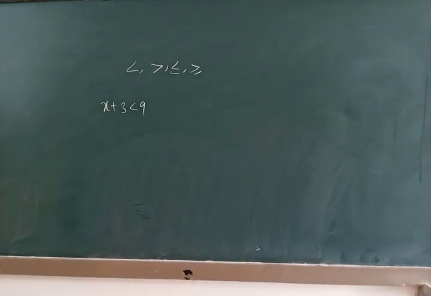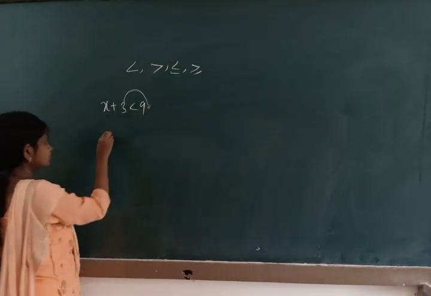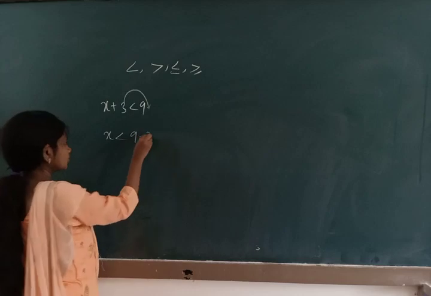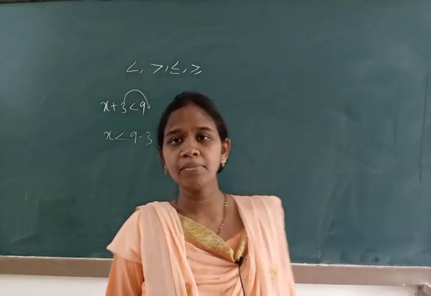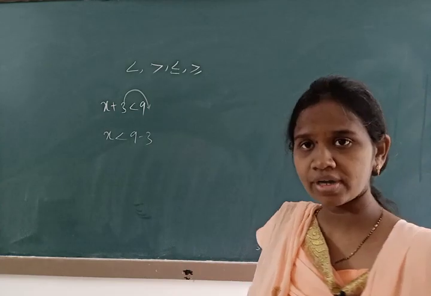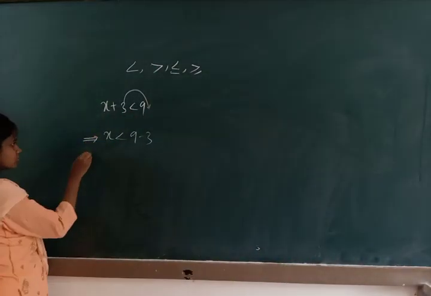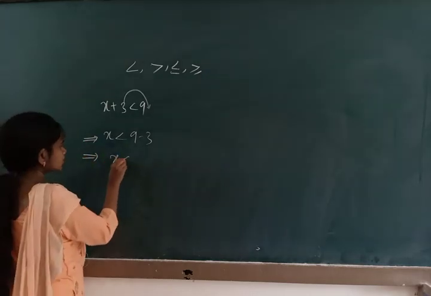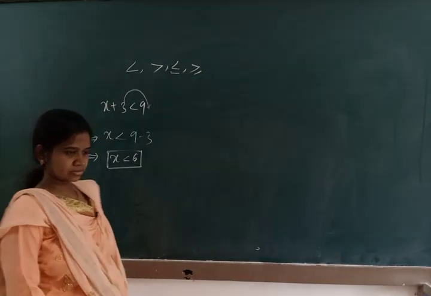So when you face this type of problem, how do you solve for x? The same thing: transfer the 3 to this side, then it becomes x lesser than 9 - 3. On further simplification, x lesser than 6.